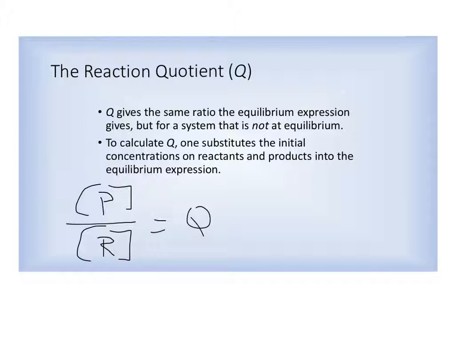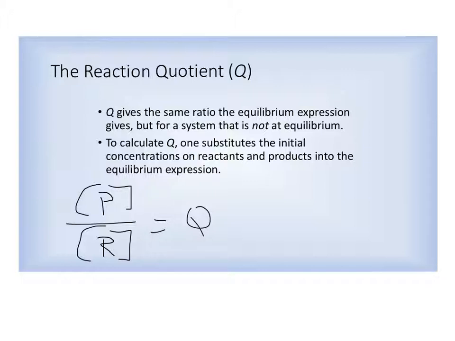Well, there are some scenarios where we've got a reversible process where we end up starting with both the reactant species and product species for whatever reason. And we need to assess, where is the system going to go in order to get to equilibrium? What I really mean by that is, do I need to make more products to get to equilibrium? Do I need to make more reactants to get to equilibrium?